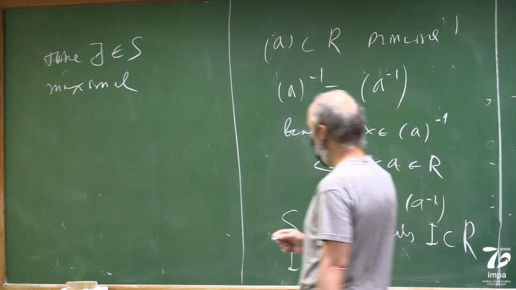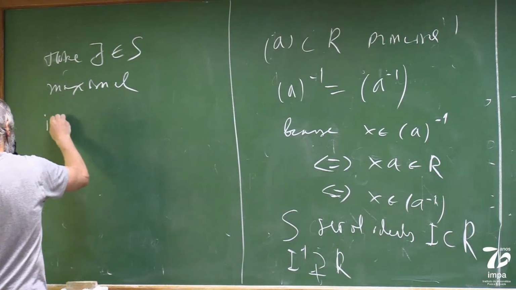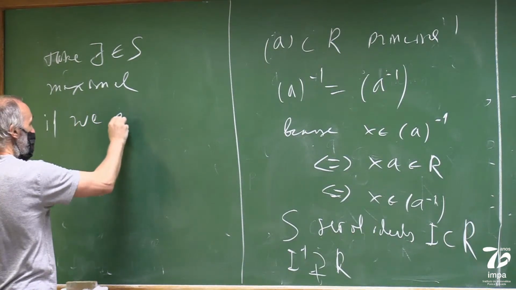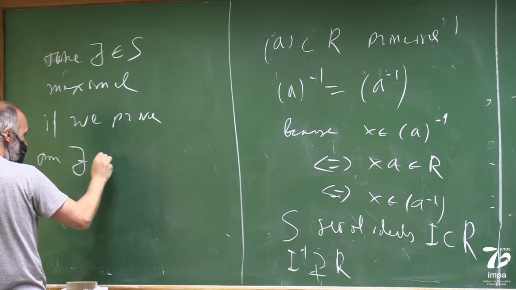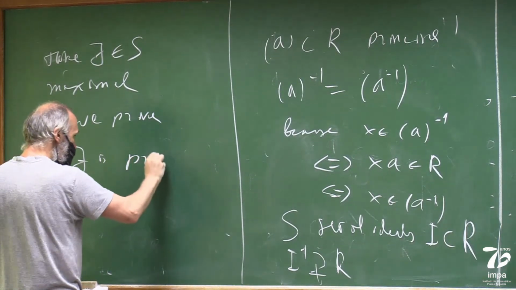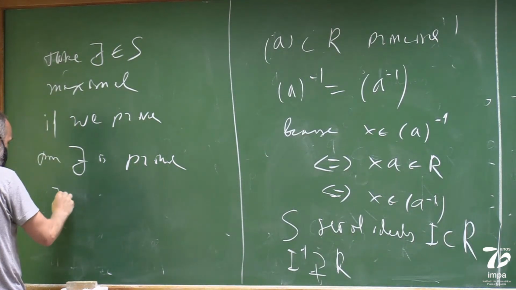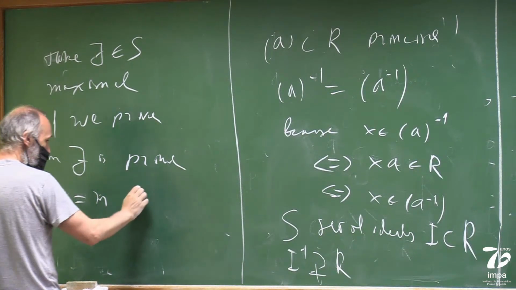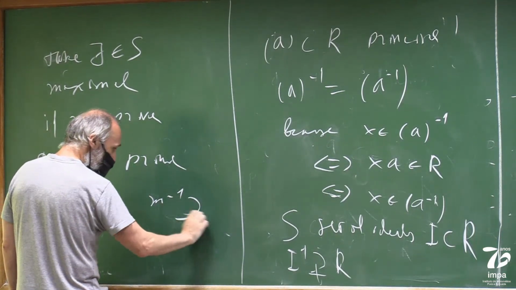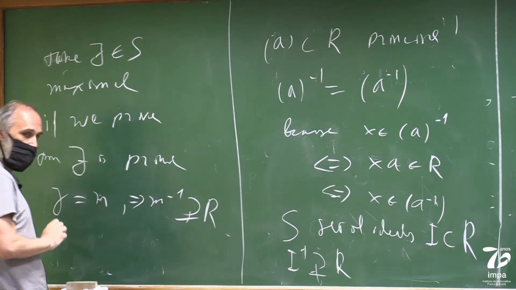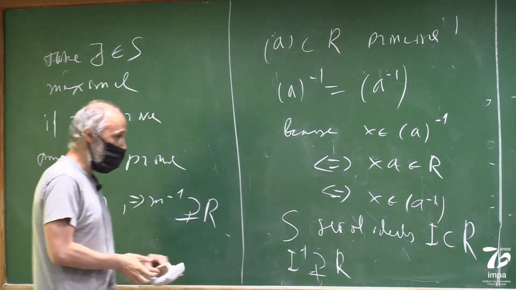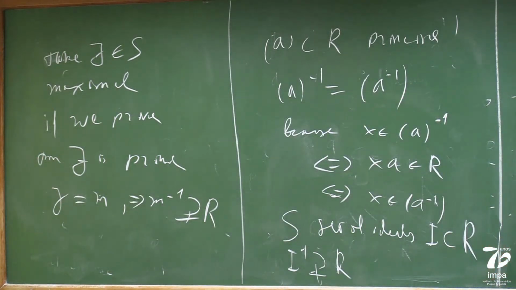If we prove that J is prime, we immediately obtain that J is equal to M, and M inverse strictly contains R. So this is what we need to show. We need to show that J is prime.